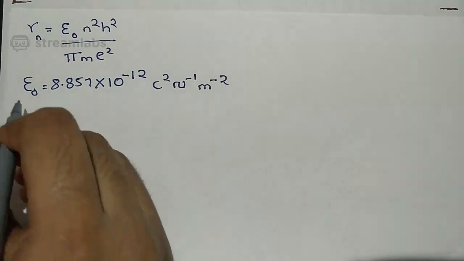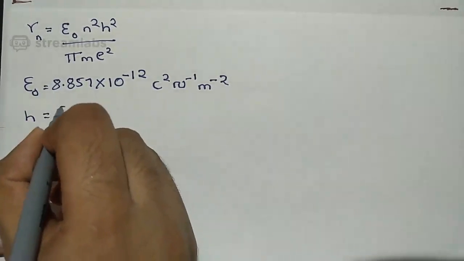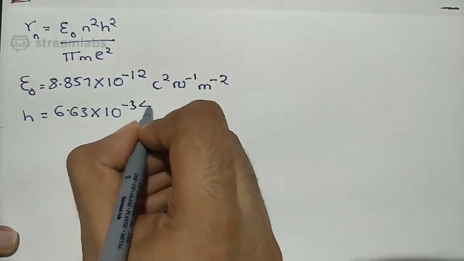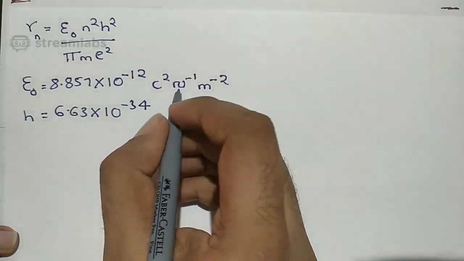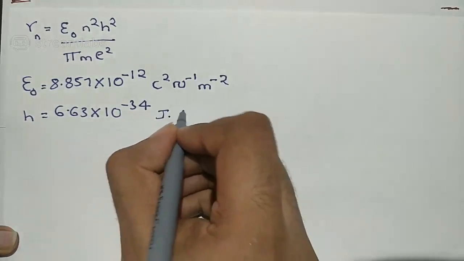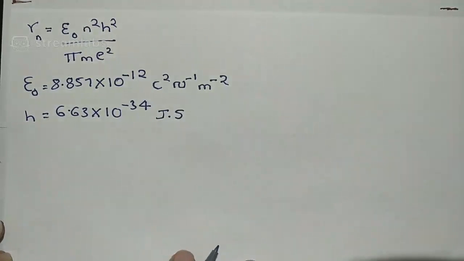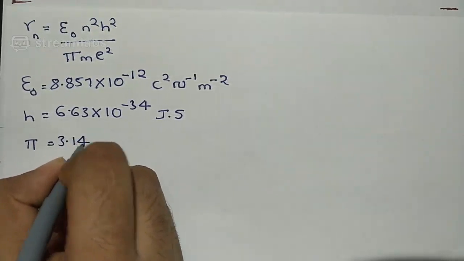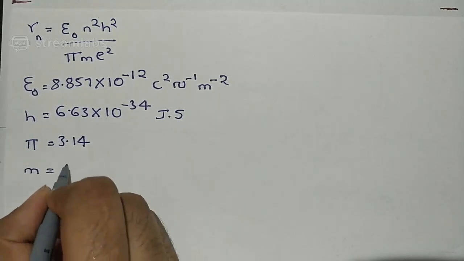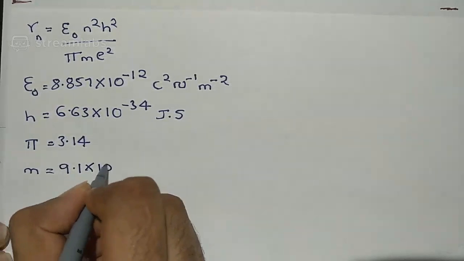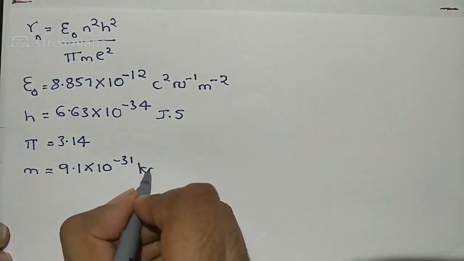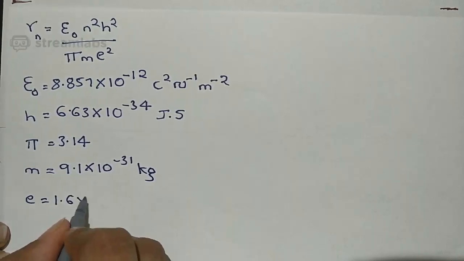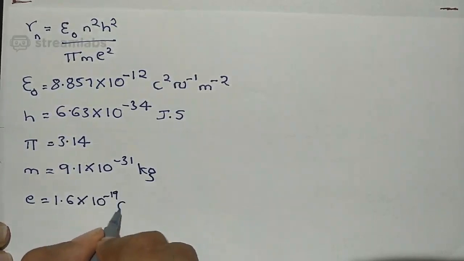And h is Planck's constant, 6.63 into 10 to the power minus 34 joule second. And pi is a constant, that is 3.14. Mass of the electron is 9.1 into 10 to the power minus 31 kg. And the charge of the electron is 1.6 into 10 to the power minus 19 coulomb.